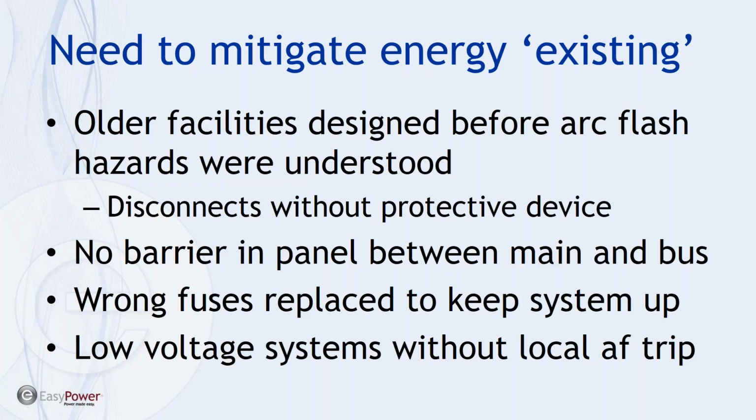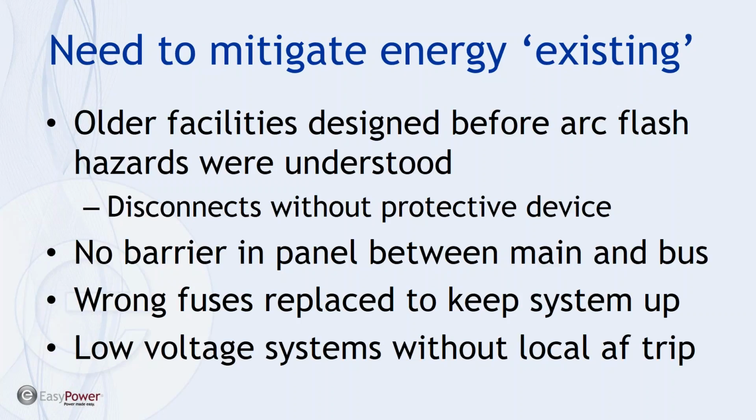And if that's the case, just changing the trip settings on that protective device won't do us any good. We need to consider how it can be incorporated in the safety process, or deal with making adjustments on any upstream device that would be the protective device.